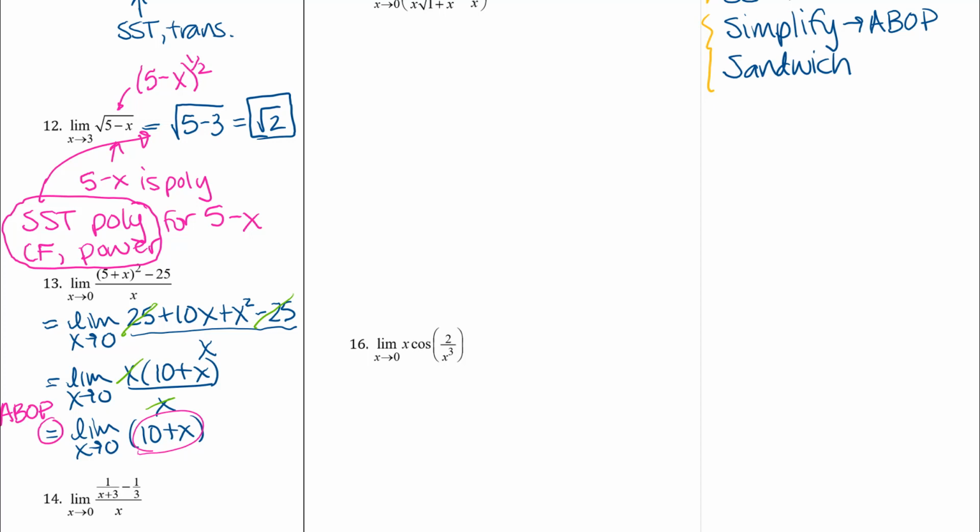And the nice thing about what I have left is just a polynomial function, 10 plus x. So I can just go ahead and do substitution now. So 10 plus 0, and I get 10 for my answer. So I used functions that agree at all but one point when I did the cancellation. And then here at the end, when I went ahead and substituted in, I used the substitution shortcut theorem for polynomials.